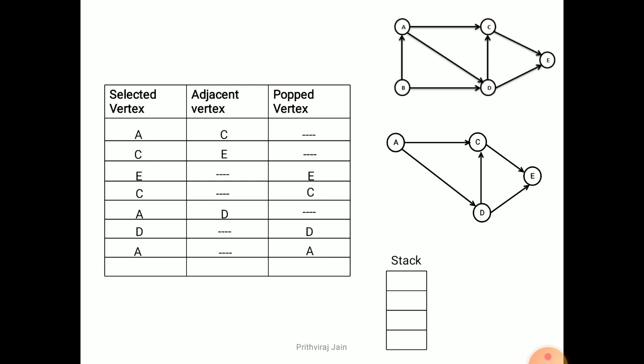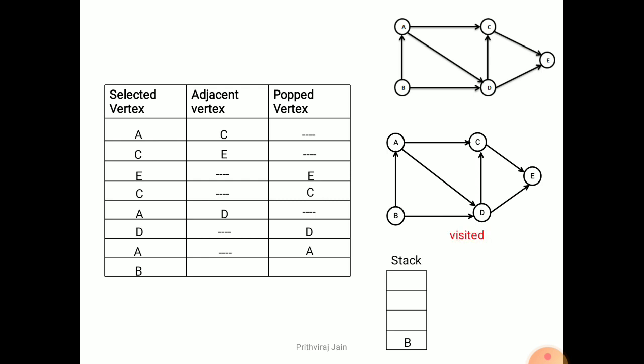Now everything is done, but one vertex is still remaining, that is B. So select B and push B onto the stack. Then based on the top of the stack, the vertex is B. Select the vertex B. The vertices adjacent to B are A and D, sorry, but both are visited.